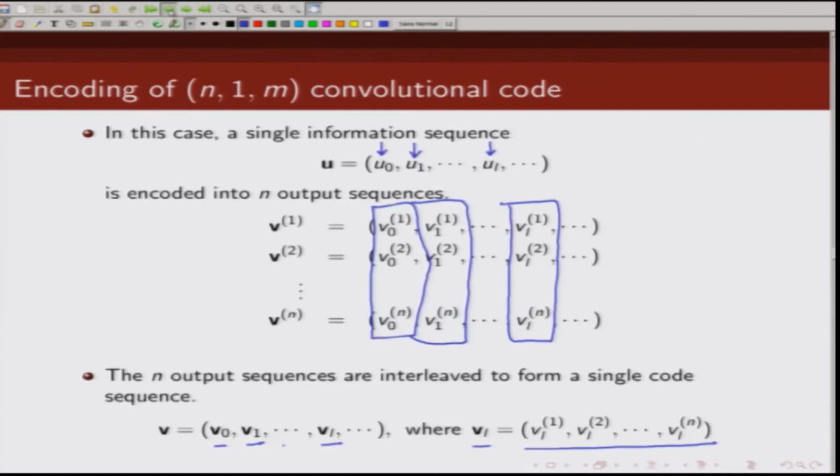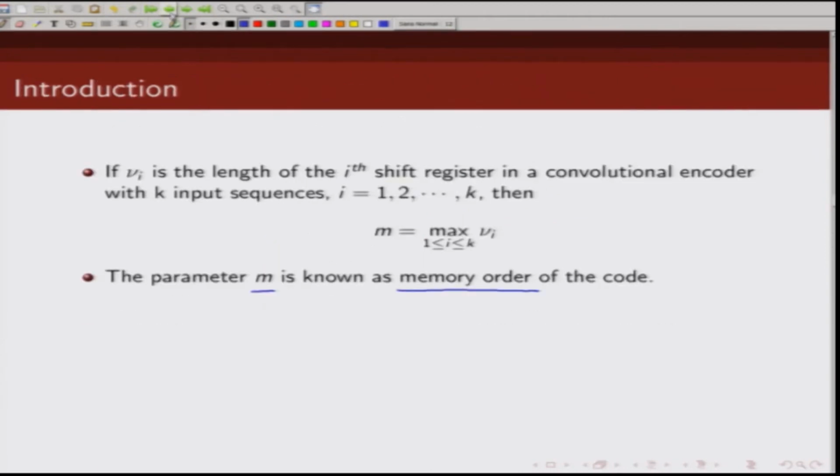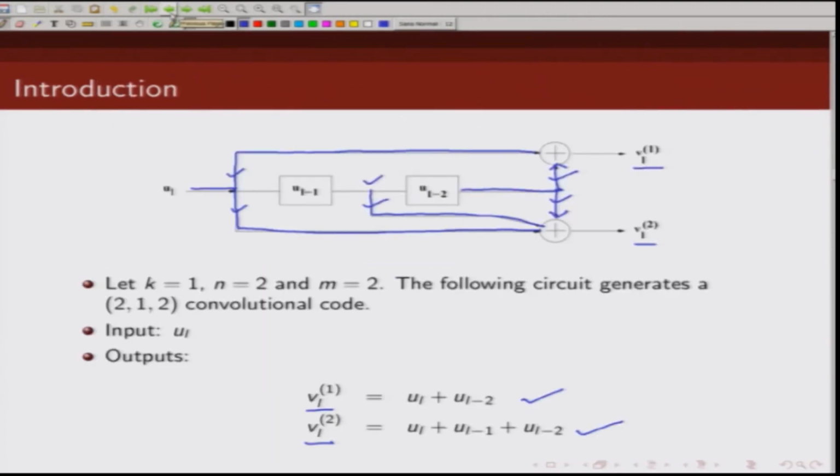If you just go back to the example that we had shown, look at this example. How did we generate two coded bits corresponding to one information sequence?